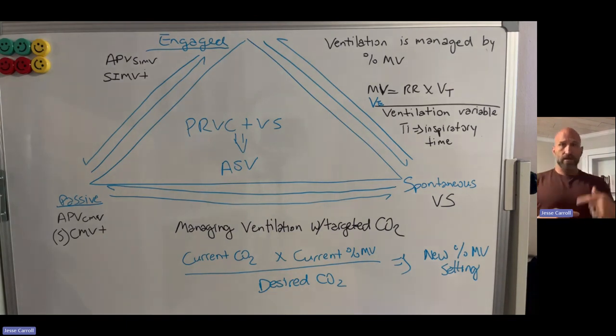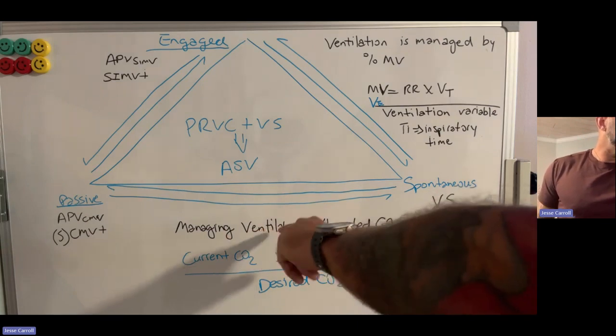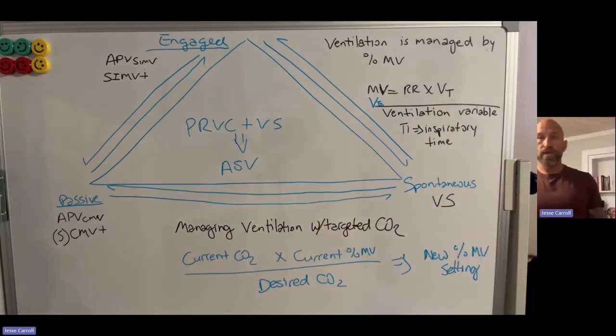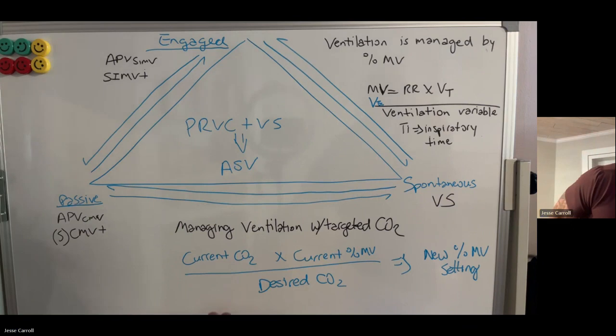Whereas in the use of ASV, we're managing the ventilation by targeting CO2 and augmenting percent minute volume. So let's do a quick example.